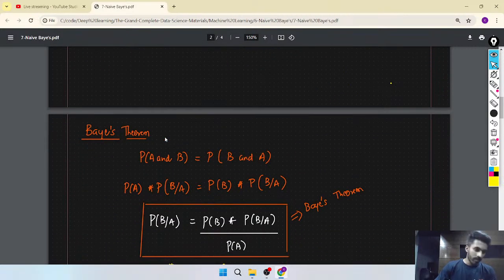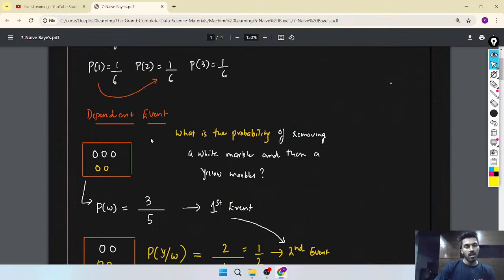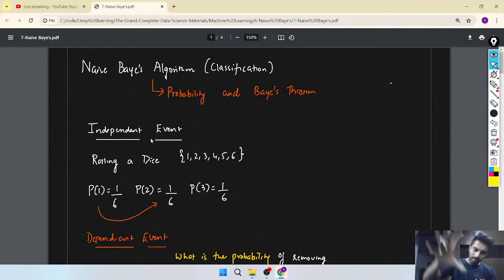I have already said, this is Bayes theorem, with the name Bayes. Bayes means this is not biased to anyone. So when somebody says the name Bayes, the next thing that comes to mind is that they are independent of each other, not dependent on anyone.